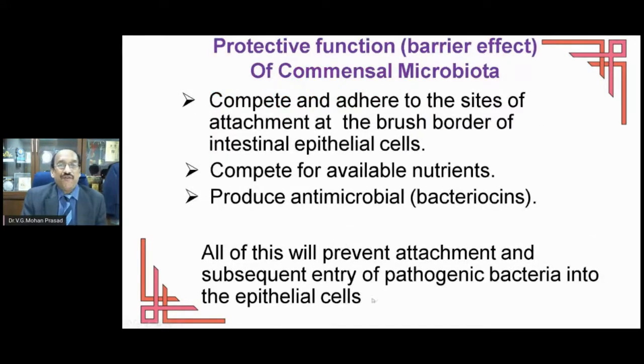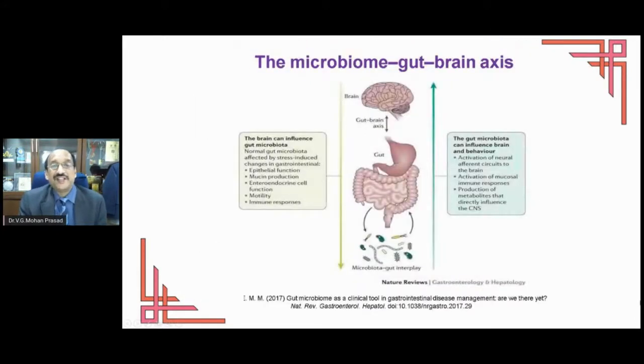So the protective function or the barrier effect of commensal bacteria is very important because they compete and adhere to the sites of attachment at the brush border of intestinal epithelial cells. They compete for available nutrients. They produce antimicrobial agents like bacteriocins. All this will prevent the attachment and subsequent entry of pathogenic bacteria into the epithelial cells.